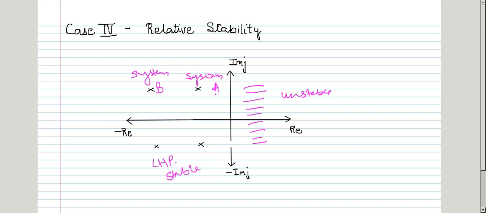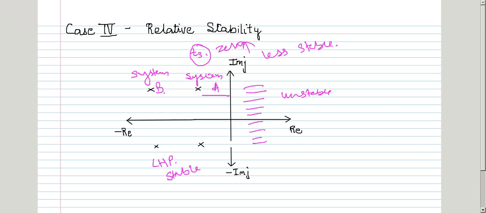As system A has the location of poles closer to the imaginary axis, the response will not tend to zero easily, and it will have larger decay time, which means the time taken by the response to settle down to zero will be higher, and the system will be less stable.